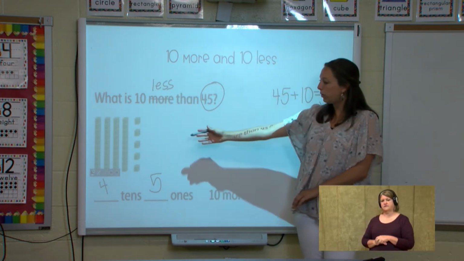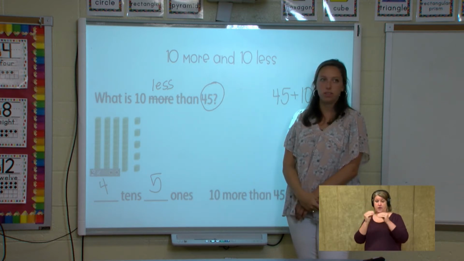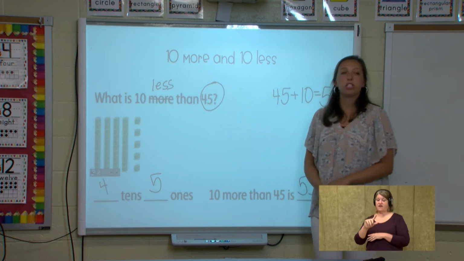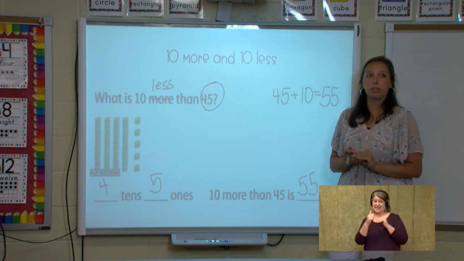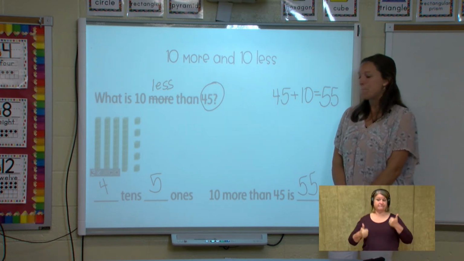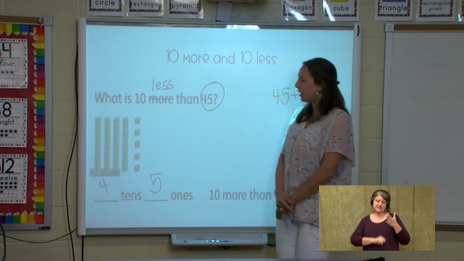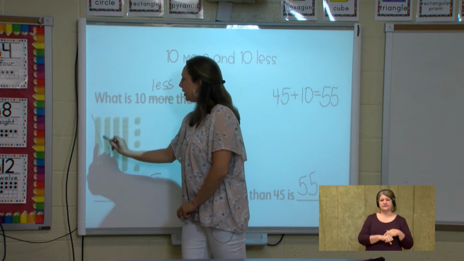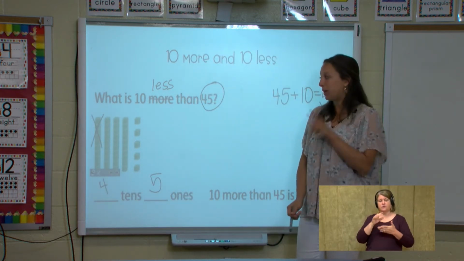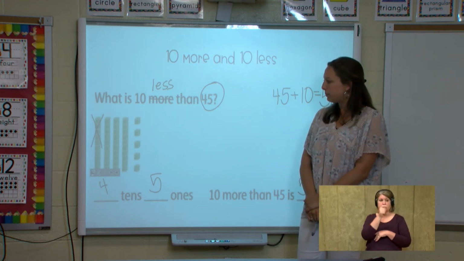Okay, we already know our number is 45, for the 4 tens and the 5 ones. We want to show 10 less. So are we going to add a rod or take away a rod? We're going to take away a rod. So I'm going to exit out 1. And then we will start counting by tens because a rod stands for 10.